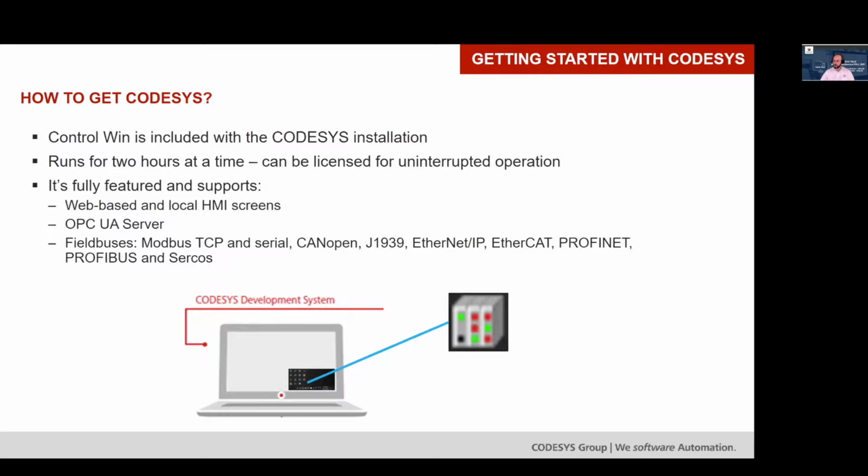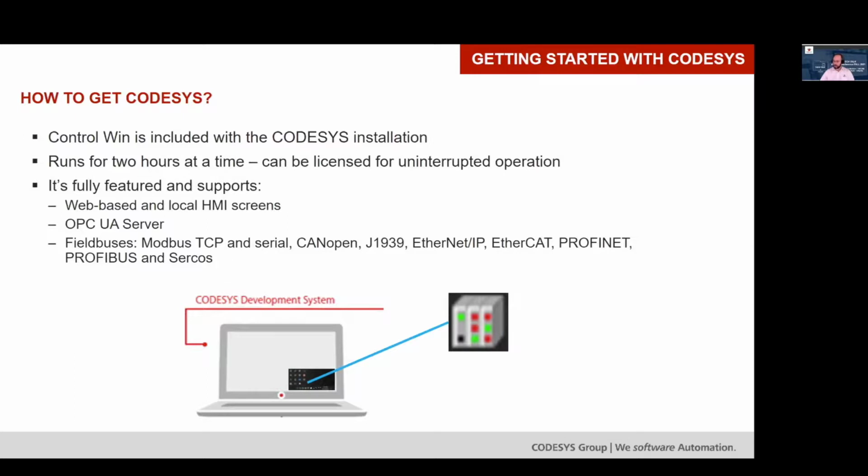It supports Modbus TCP and serial, CANopen, J1939, Ethernet/IP, EtherCAT, Profinet, Profibus, and Sercos. It also has an OPC UA server that you can use to serve data to other devices. It also comes with a demo version of Codesys Visualization. That is the Codesys tool to create HMI screens.